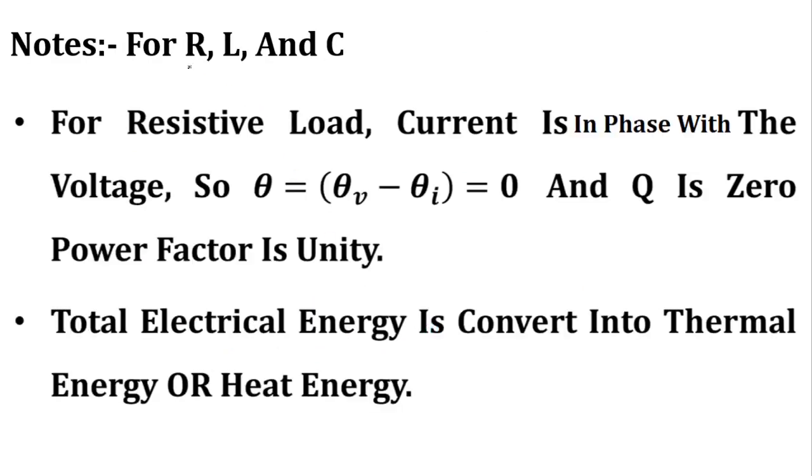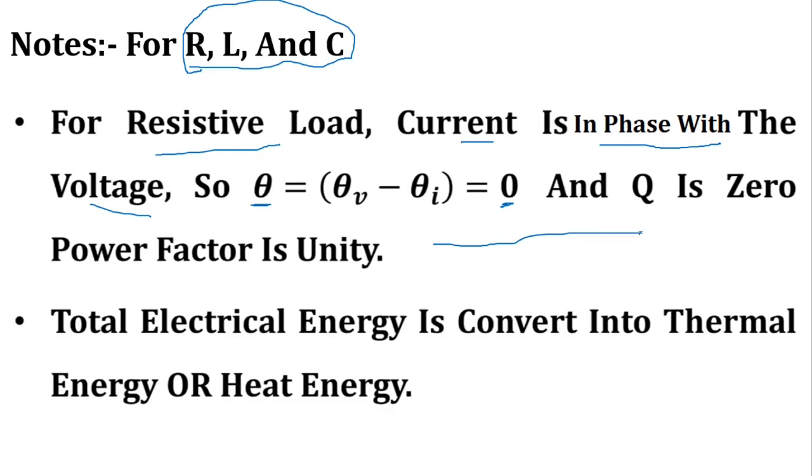Let's take some notes on this single phase AC power for our basic elements, that is R, L and C. For a resistive load, the current is in phase with the voltage. So the total angle theta is equal to 0, because the phasor of voltage and the phasor of current I are on the same line.